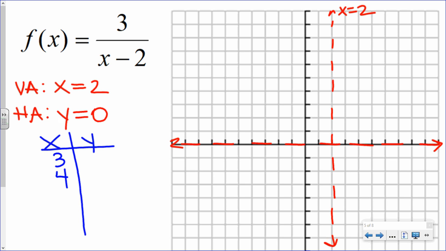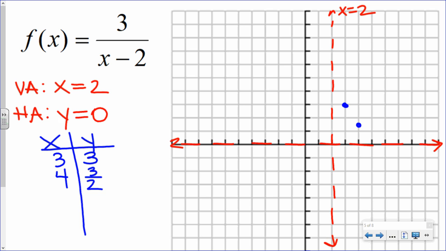So Eli, if we plug in 3, what do we get? 3. What about when we plug in 4? 3 over 2. Okay, that's 2 points.